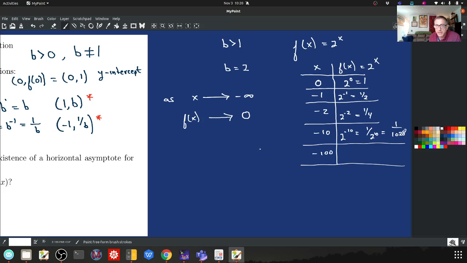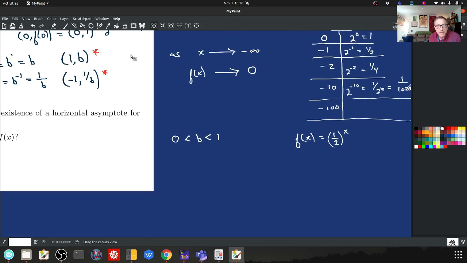So let's do the other case. Suppose b is between 0 and 1. For example, our paradigm case will be f of x is equal to 1/2 raised to the x.